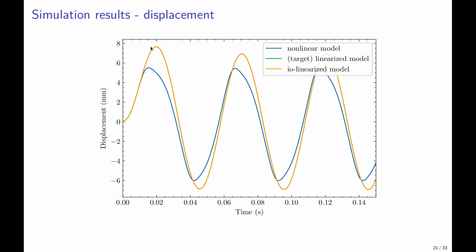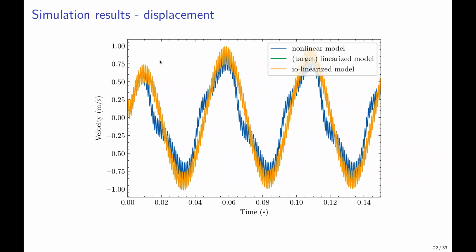And this is what the compensator does. It forces the loudspeaker to behave the way we want. So this is now just velocity. Here we can see in blue the nonlinear model, and then, because this is a simulation, in orange and green the linearized model, and they just overlap here because it's a simulation.